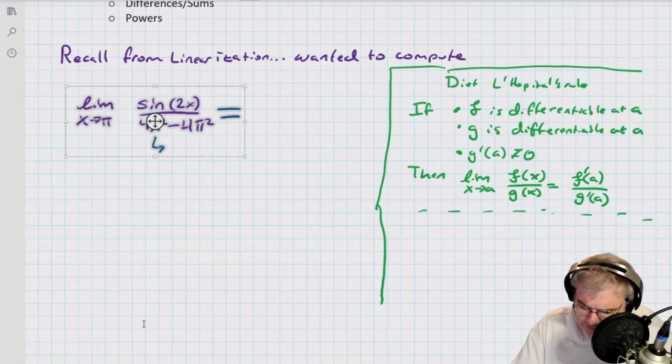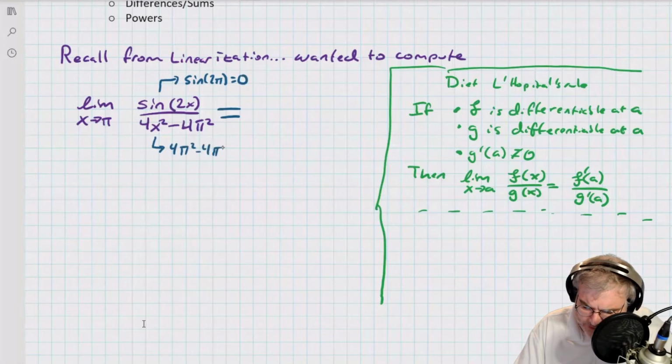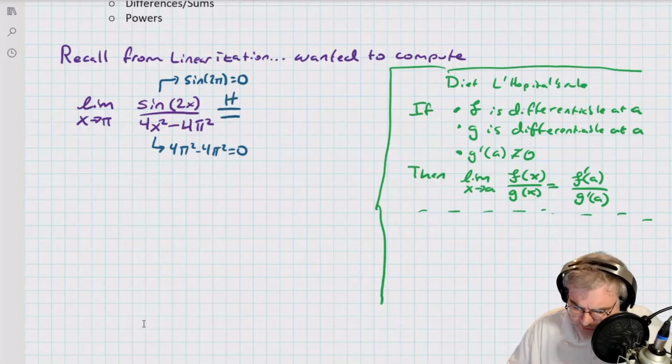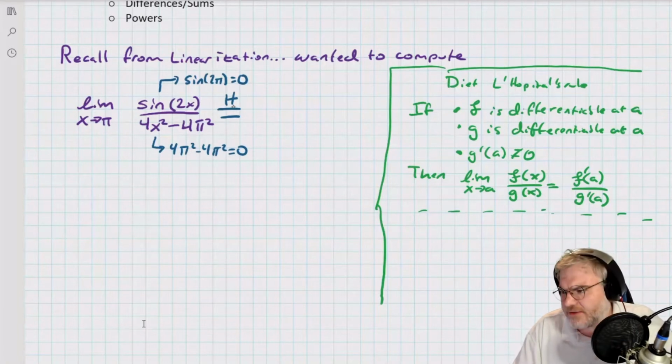So I've got a little room to write. So I had this idea that this piece here would go to sine of 2 pi, which equaled 0. And this bit would go to 4 pi squared minus 4 pi squared, which equals 0. So I had 0 over 0. And I could apply L'Hopital's rule by just taking the derivative of the top and the derivative of the bottom.